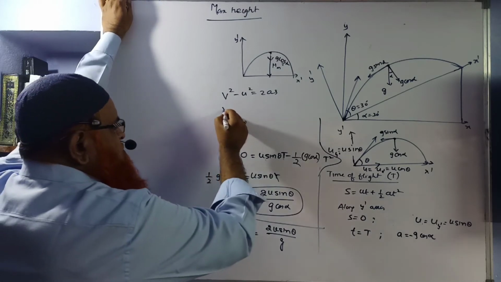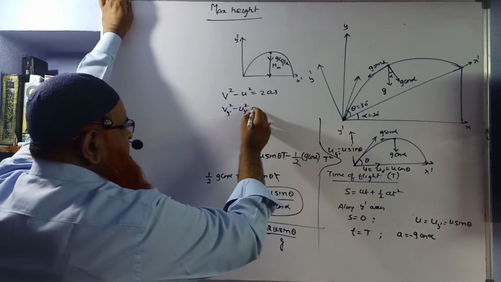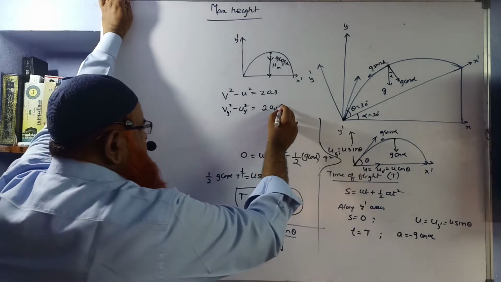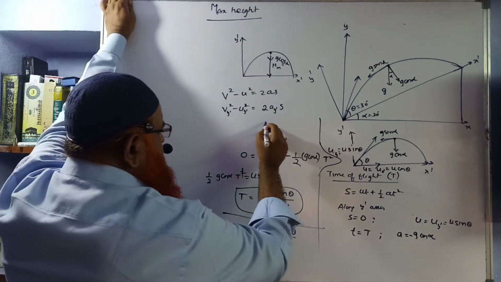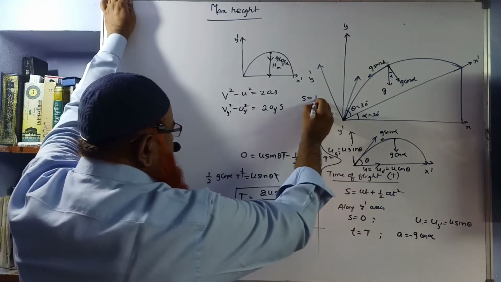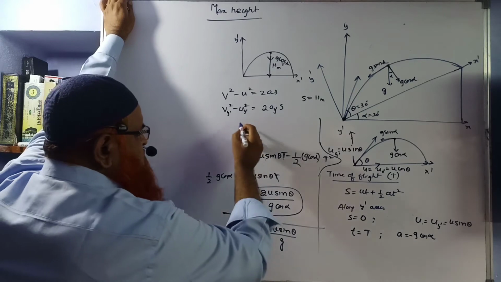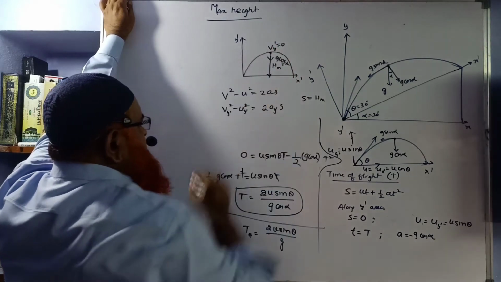So now, if you are going to consider Vy dash square minus Uy dash whole square is equal to 2ay dash into s. Okay. So here you need to consider s to be h maximum. And what are the remaining things you have to change here? So at this place, Vy dash is going to be 0.